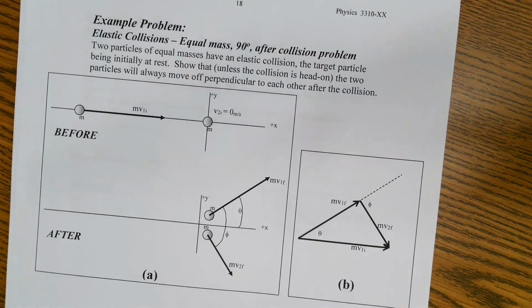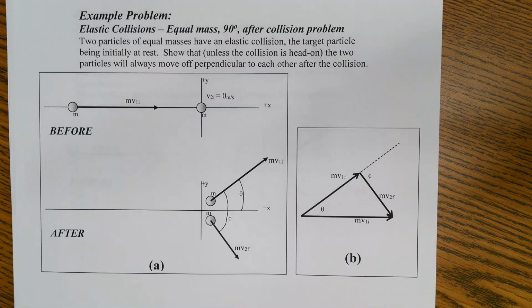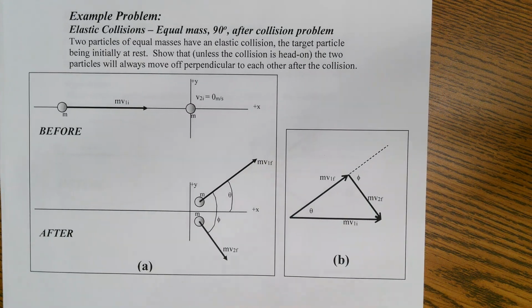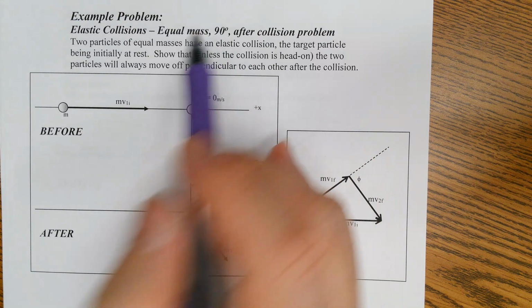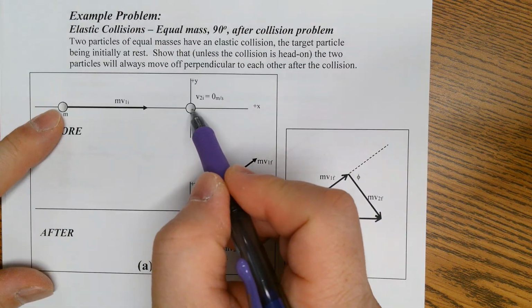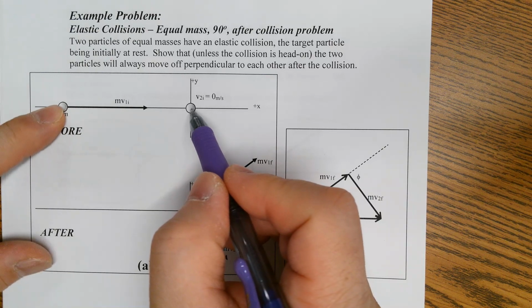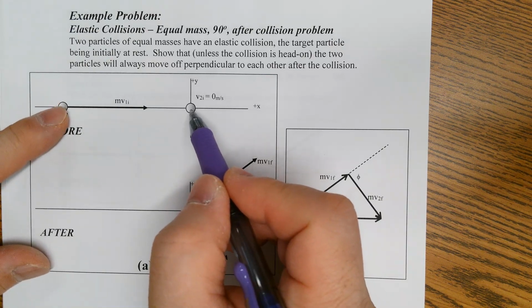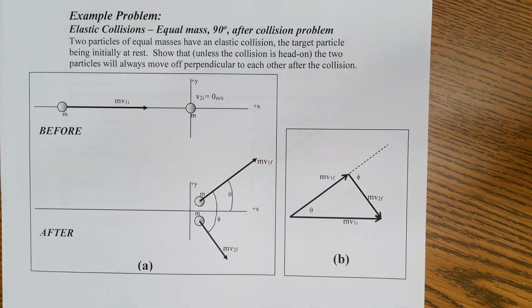So let's take a look at a scenario where I have a two-dimensional collision. Here, I have two identical masses that are spherical, think of billiard balls or pool balls.